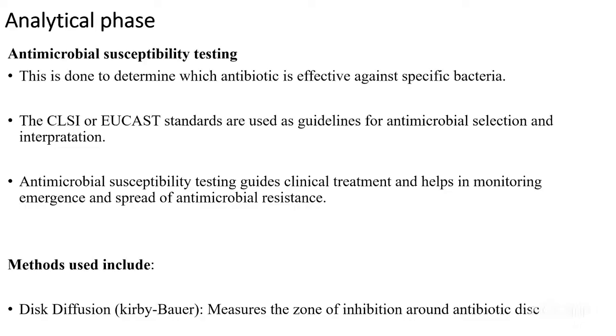Usually we are guided by the CLSI or the EUCAST standards on how we should select our antimicrobials and how to interpret them. The antimicrobial susceptibility testing that we do in the lab, and interpret and release the results to the doctor, guides the clinical team on how to treat the patient clinically and helps in monitoring emergence and spread of antimicrobial resistance.